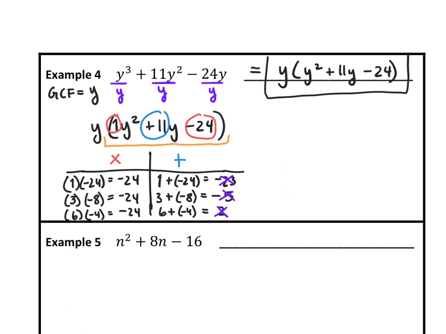And keep in mind, it's not a prime answer because we were able to take out the y in the very beginning. So if we're able to factor out something, it's not prime. It's when we're given a problem and we can't do anything with it, then it would be considered prime.